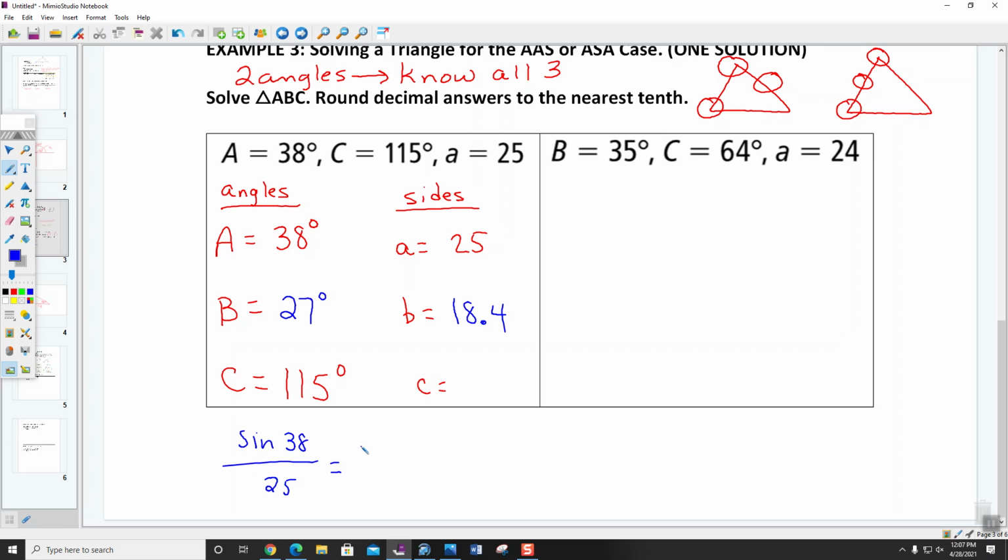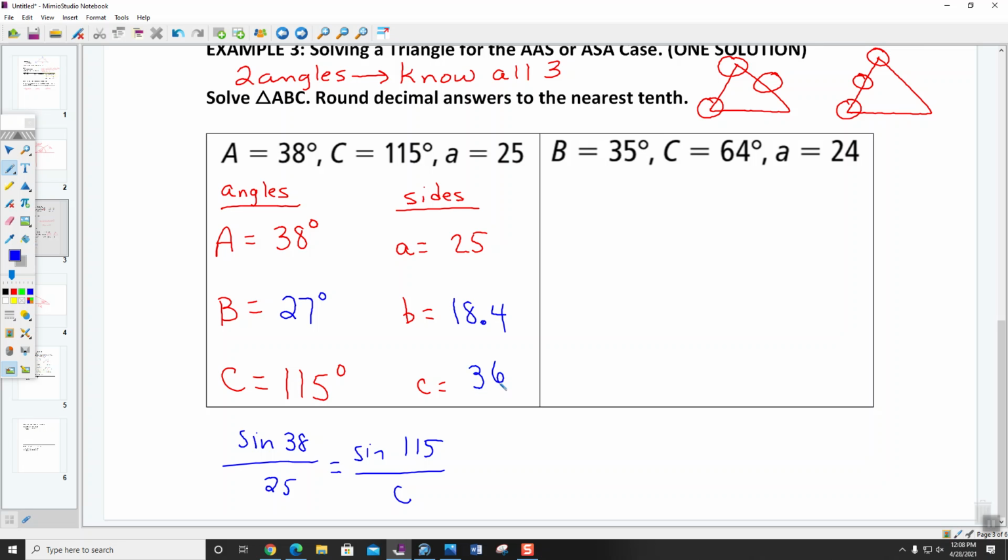That's going to equal the sine of what? 115 over c. What do you guys get? 36.8.